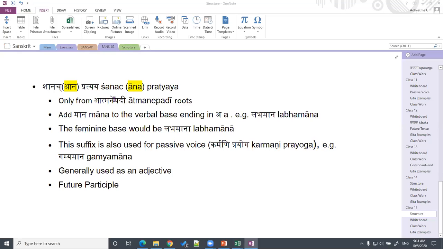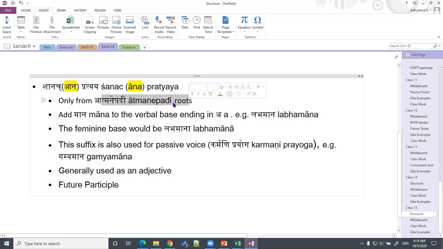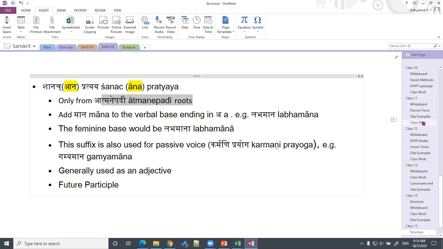So because this suffix is used for atmanepadi roots, and as I told you that atmanepadi suffixes are used both in the sense of active voice and passive voice, kartari and karmani prayoga. I hope you remember we discussed the passive voice in class number 11.